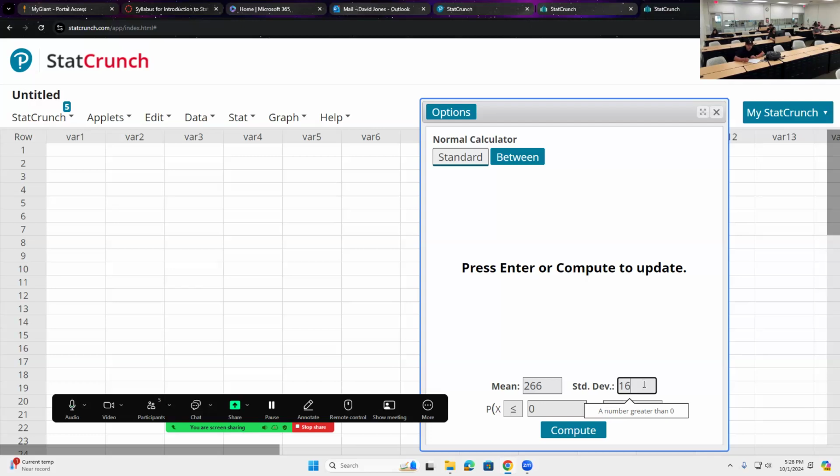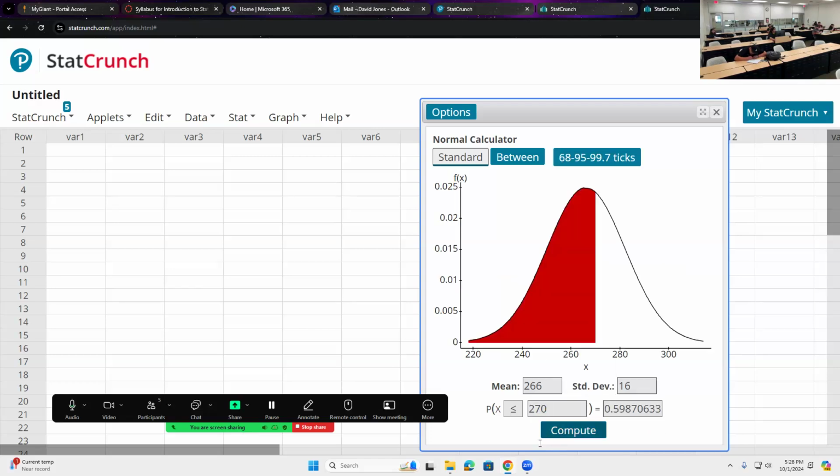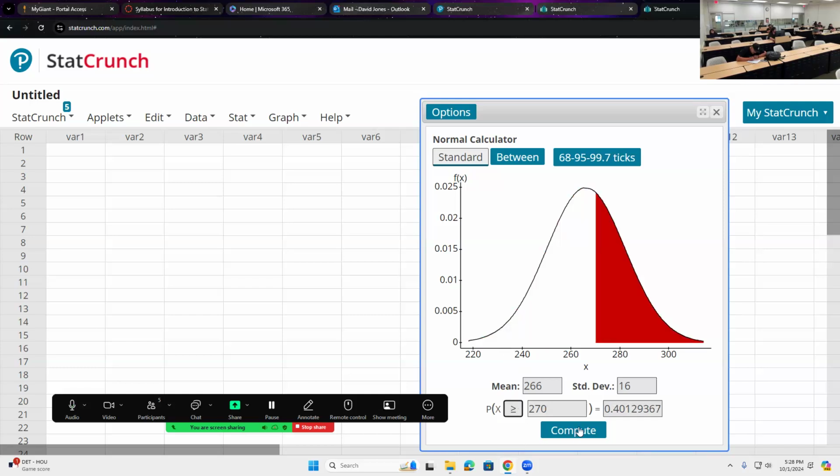And we wanted the percent of pregnancies more than 270 days. If you're not sure you've got the right symbol, just click compute and see if that represents more. You can see the days it's looking at by looking at the color and the region. This is looking at days that are less than 270, so I want to change it to that one. And this is looking at 40.13%.